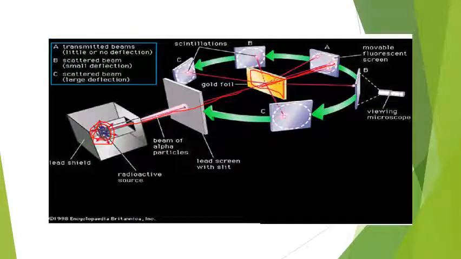And what he'd do is he'd have a screen back here, and that screen would identify where the particles hit. Now, the genius behind this was sort of serendipitous: he put other screens around as well.